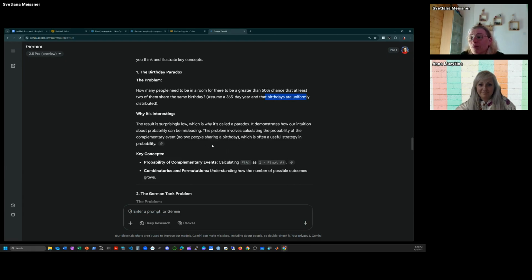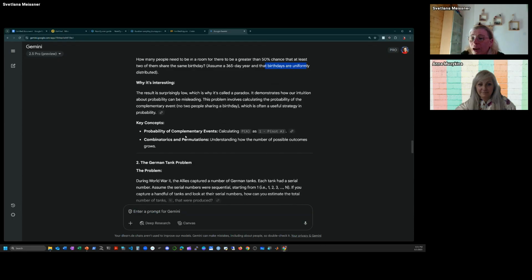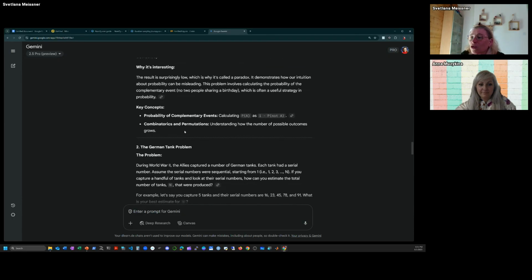And this problem involves calculating the probability of the complementary events, no two people sharing a birthday, which is often a useful strategy in probability. So these are the concepts: the probability of complementary events.